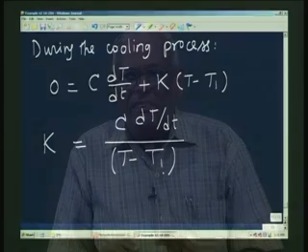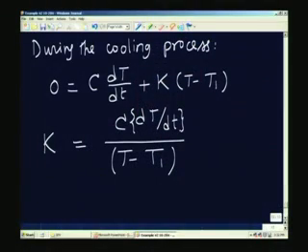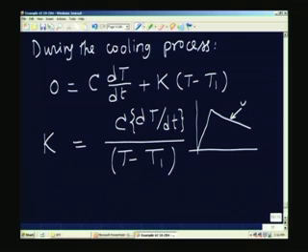So, during the cooling process, I will determine the slope of that line. If you remember, during the cooling process, this is what is happening, this is the cooling part. If I choose any point here, this is the value of T. If I draw a tangent line, that is the slope.